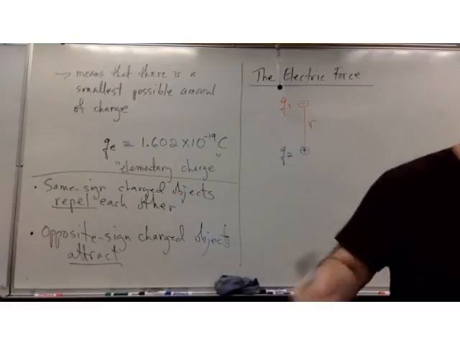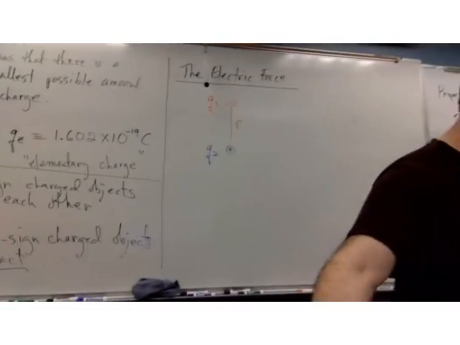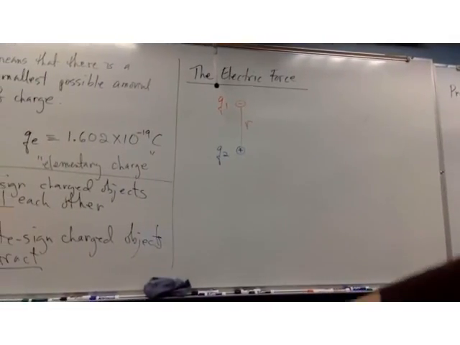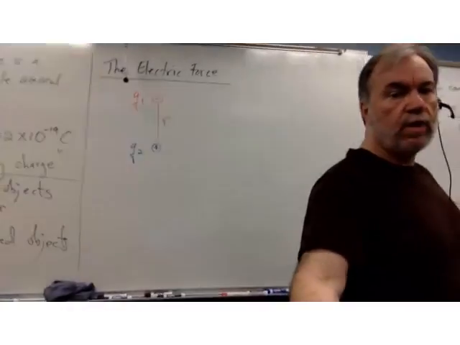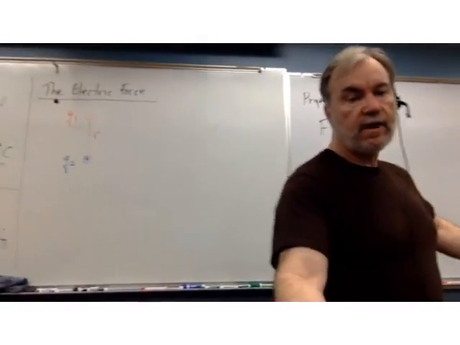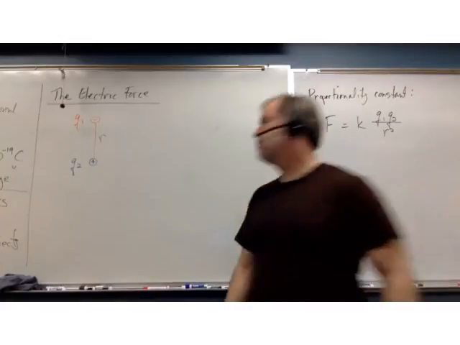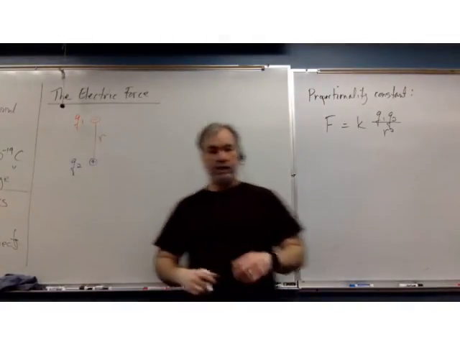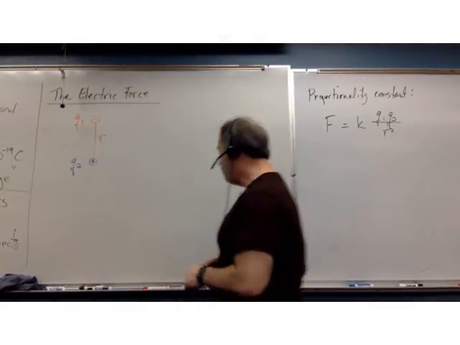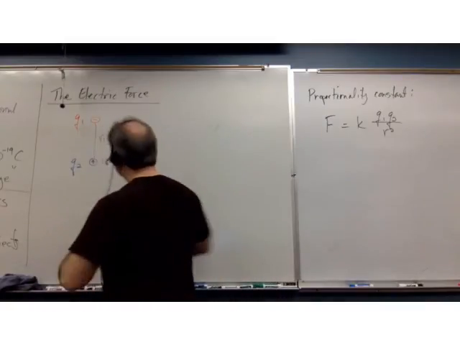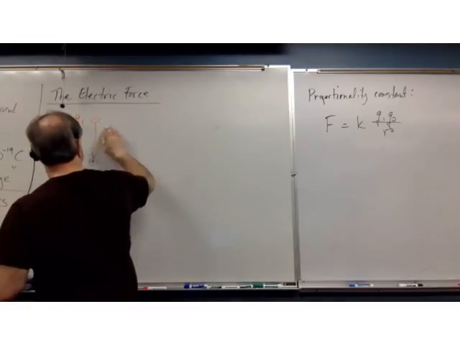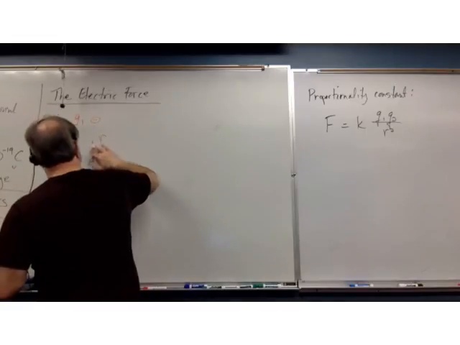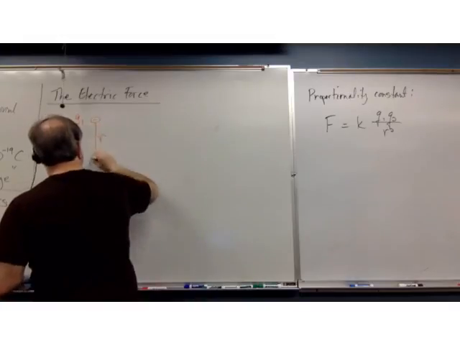So whatever these objects are in my diagram that I have labeled Q1 and Q2, since they carry charges of opposite signs, they're going to attract each other, which means that when I draw my force arrow on here, my force arrow is going to point that way.